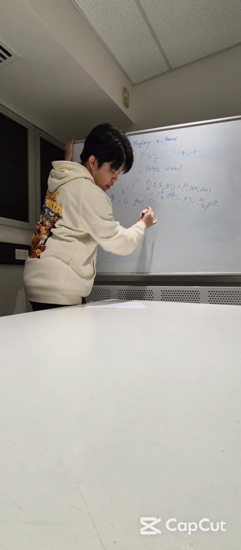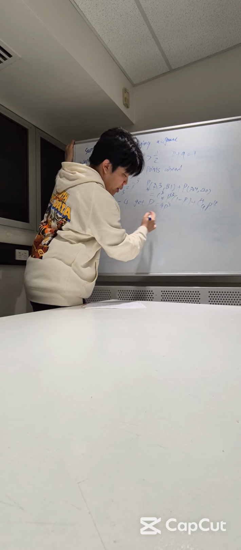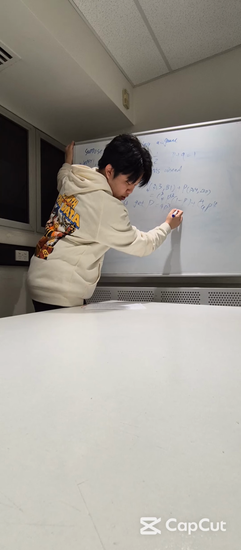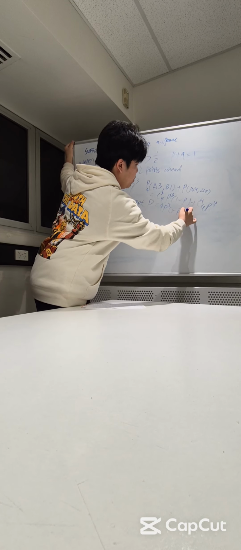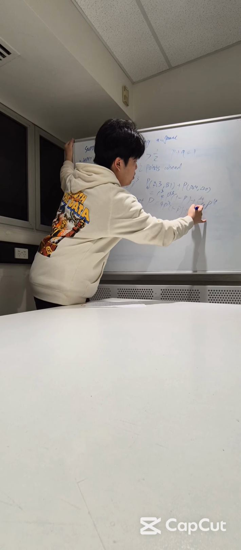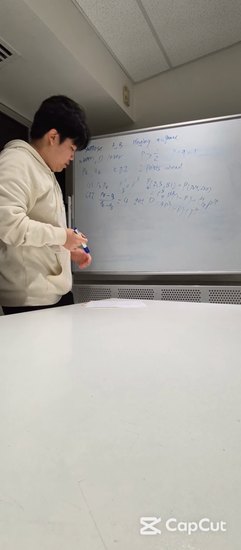We would just get 4P cubed times 1 minus P plus P to the power of 4. Okay, so that's question 1.